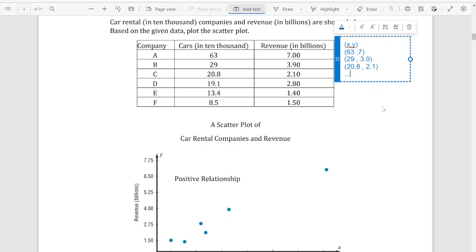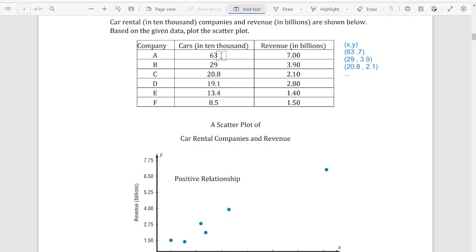So, in this case, you need to find the pair over here. So, you have to come up with a scatter plot. So, how to do that? You have the x-axis referring to your x variable, that is cars in 1000, and then you have the y-axis referring to your revenues. So you plot the graph, and then you have the scale respective to the variables that you are interested in.